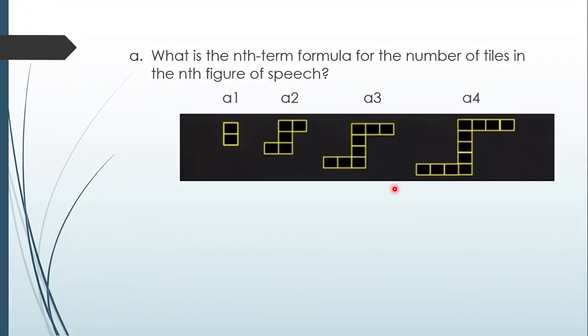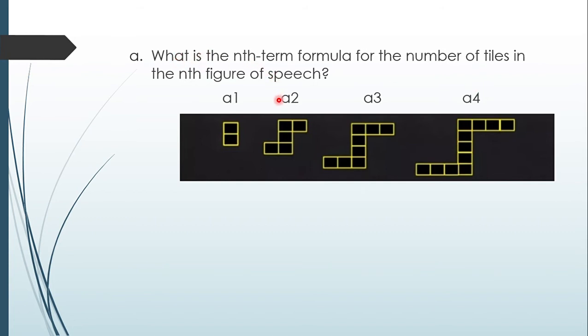Okay, so, ito yung given. Ano kaya ang formula na gagamitin natin dito? Okay, let's proceed. Letter A question. What is the nth-term formula for the number of tiles in the nth figure?